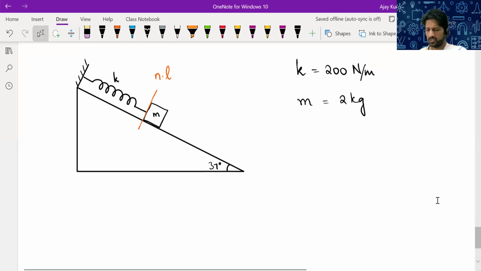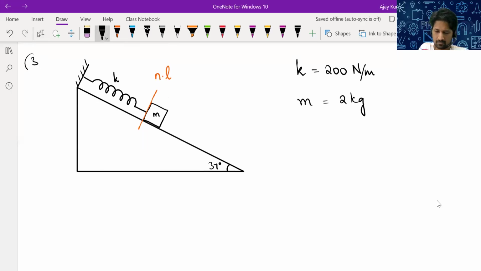Now, you all quickly tell me, is this the mean position of the block? Will it not start oscillating if we release it from natural length? Will it oscillate, or will it move away from that position? What force makes it move away from that position?